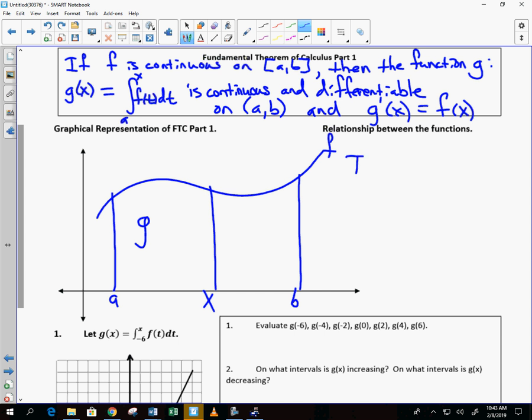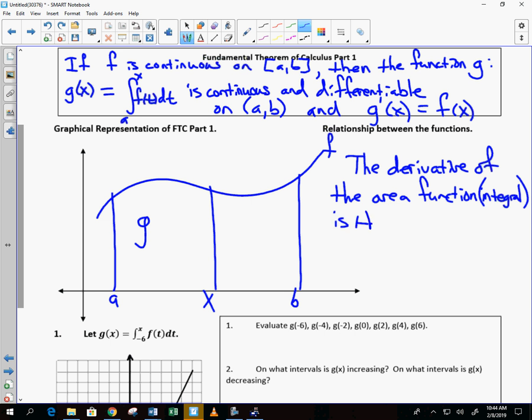We say the derivative of the area function, which we think of as the same thing as the integral function. Okay, it's the integral. So the derivative of the area function, the integral, is the bounding function. The function that bounds you from up above.